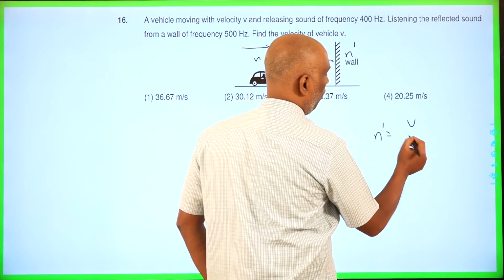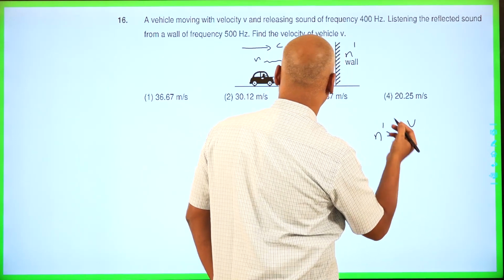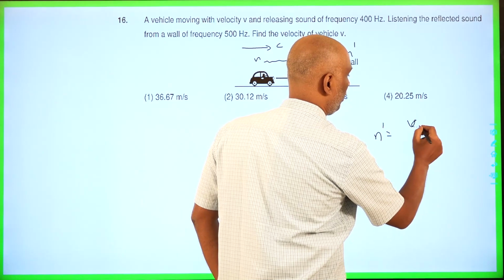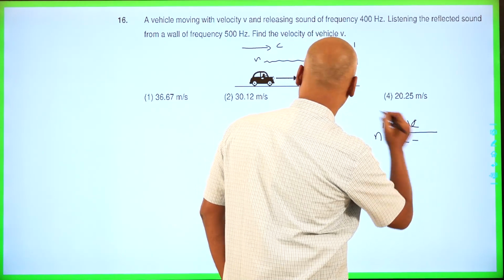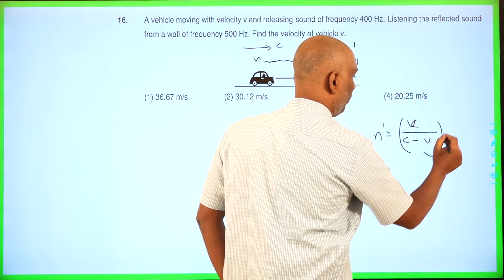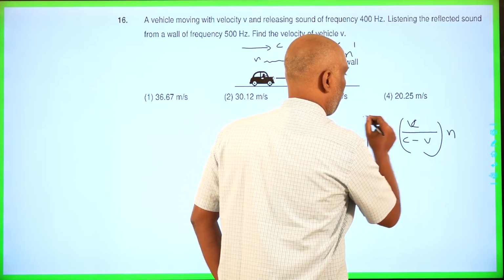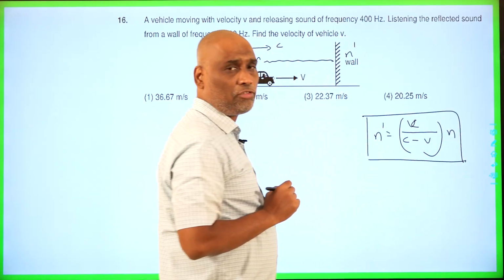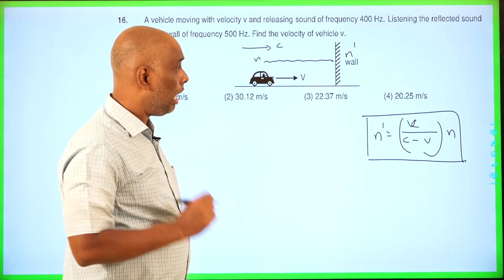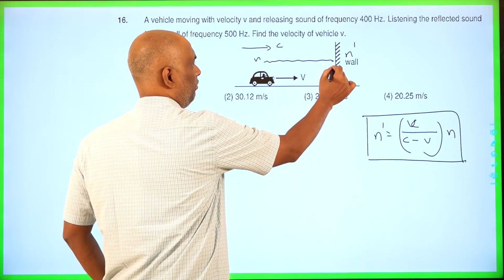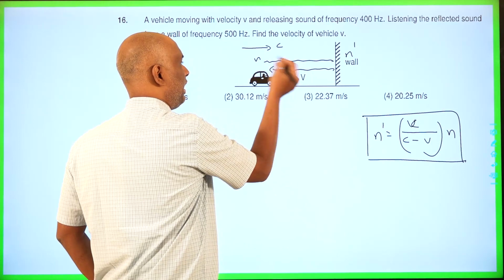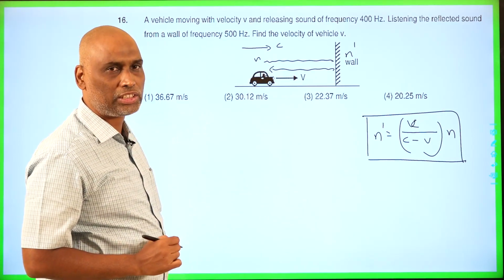V is the velocity of sound. You can say here I have taken c, so n dash equals c divided by c minus v into n. This is the frequency received by the wall. After that, this frequency will be reflected and finally it is observed by the car itself.